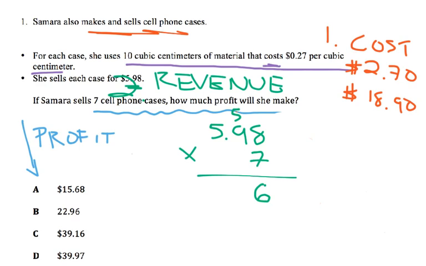Then I've got to add the 5, so that's 68. Bring up the 6. 7 times 5, 35. Plus 6, 41. Now I move the decimal place over 2 spots. Okay, so now we know that Samara has a total revenue, if she sells all her phones, of $41.86. So this girl's going to make some money.